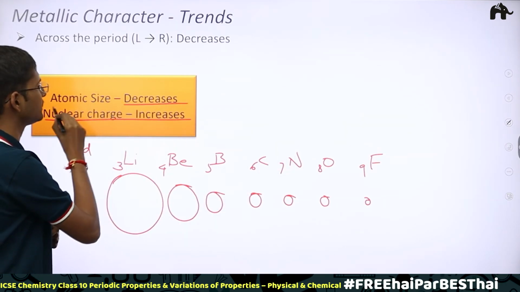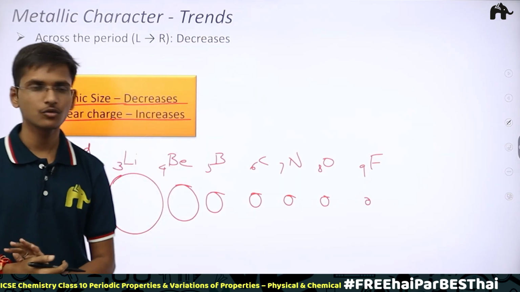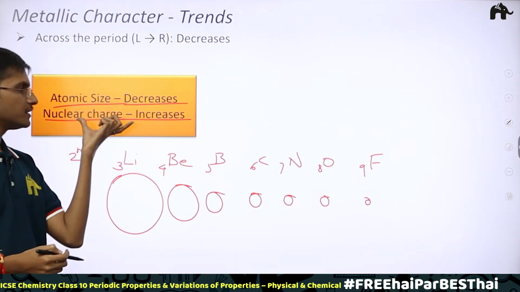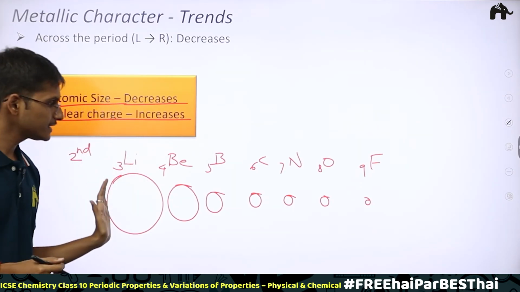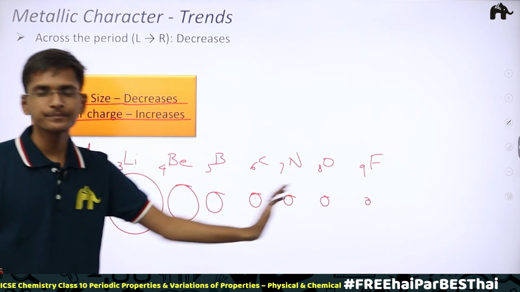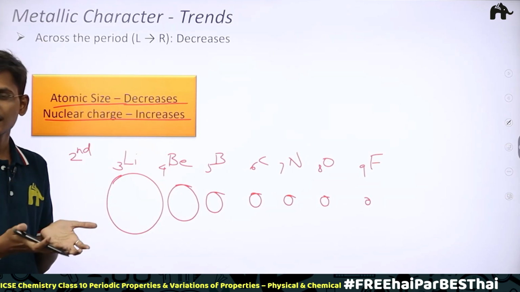Now, what is happening to the metallic character when the atomic size decreases? And then what is happening to the metallic character when nuclear charge increases? We already know when atomic size decreases, the metallic character would be decreasing, right?